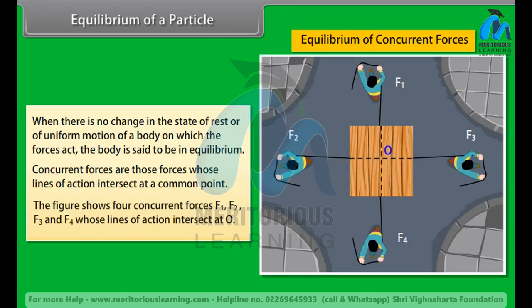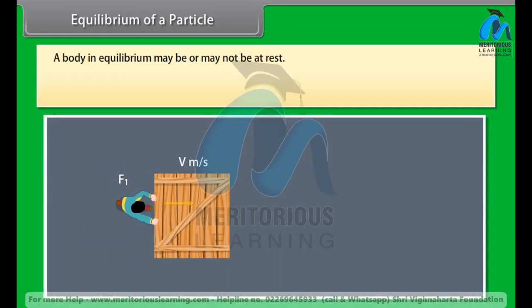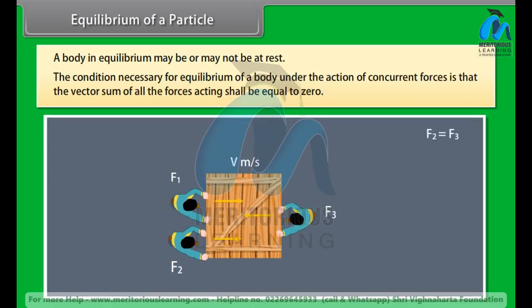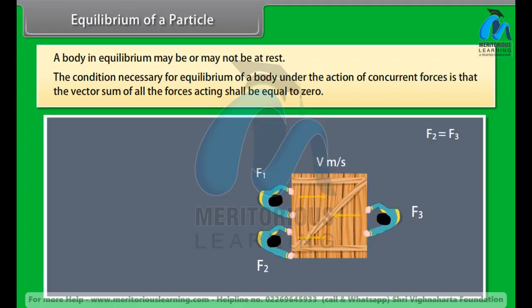The figure shows 4 concurrent forces F1, F2, F3 and F4, whose lines of action intersect at O. A body in equilibrium may or may not be at rest. The condition necessary for equilibrium of a body under the action of concurrent forces is that the vector sum of all the forces acting shall be equal to 0.